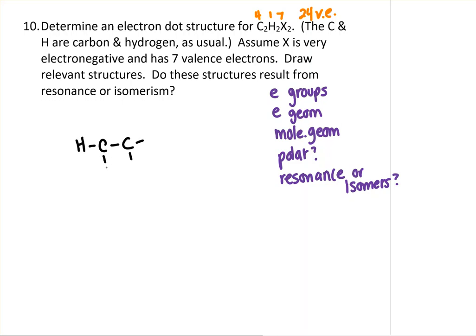Let's do one structure before we start considering other possibilities. Once I get all of my atoms on there, I put the electrons on the outside atoms. Hydrogen doesn't need any more. These already have 2. I've got all of my electrons on.